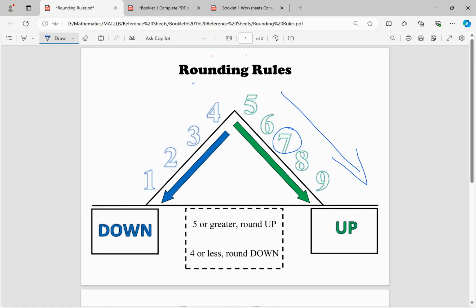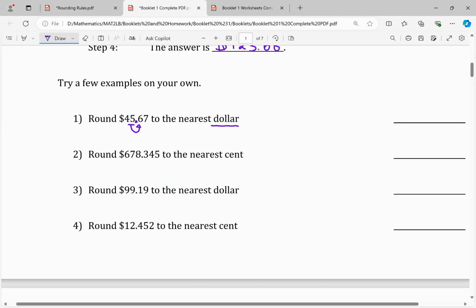Since 6 is larger than 5, we're going to be rounding up. So the 5 increases, turning into a 6, giving me $46 after we rounded.